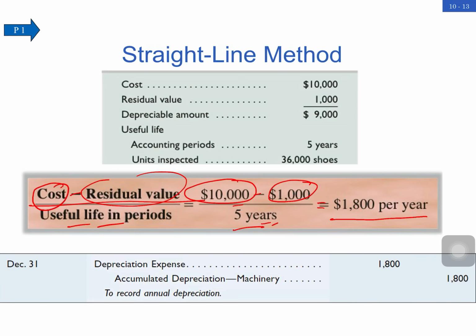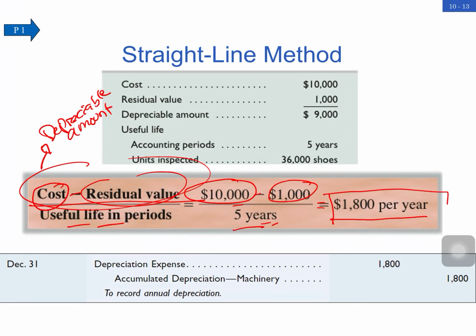So meaning the depreciable amount divided by the useful life in periods. So 9,000 divided by 5, then you get 1,800 per year. That means the machine will be depreciated by 1,800 every year.